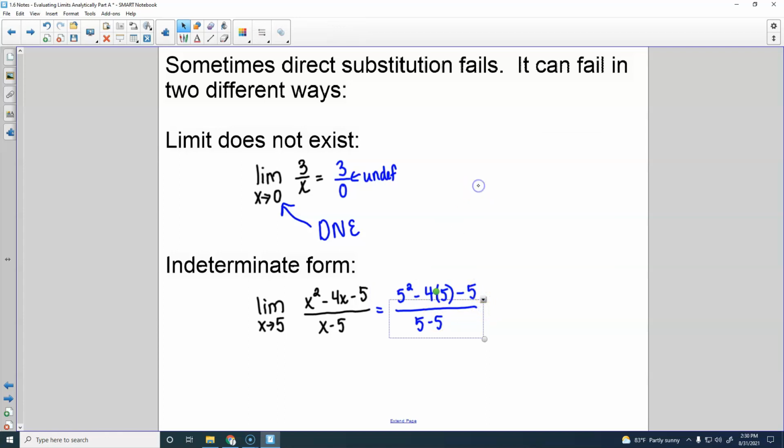So, that is going to give us 25 minus 20 minus 5 over 0, which ends up being 0 over 0. It's not 1. It's not negative 1.